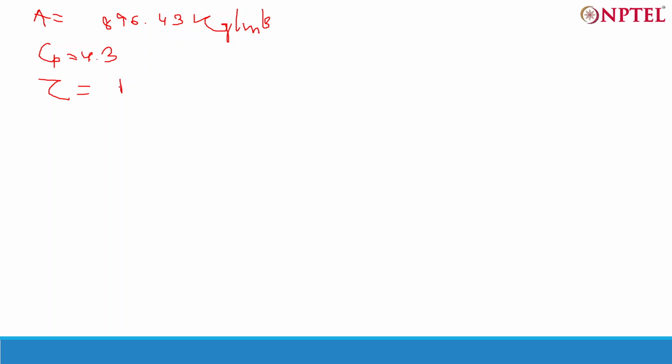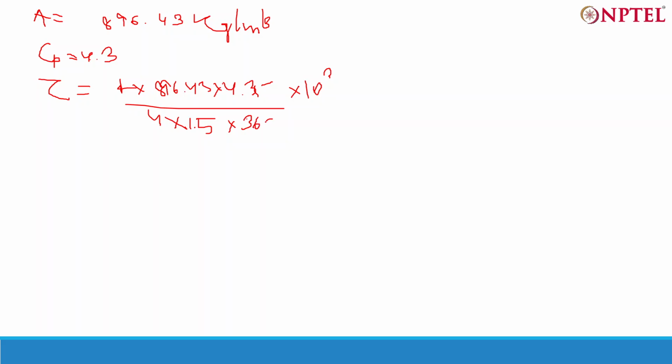I'm not using the formula here, basically 4 into the average specific volume into the specific heat 4.35, which is kilojoule per kg something, so you have to convert it to joule, so 10 to the power 3 upon 4 into that specific heat that is given, and then to get it in hours.